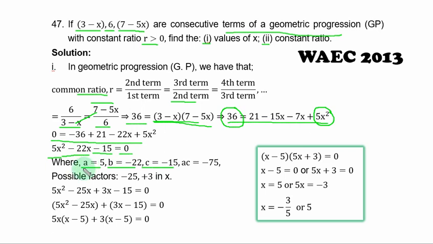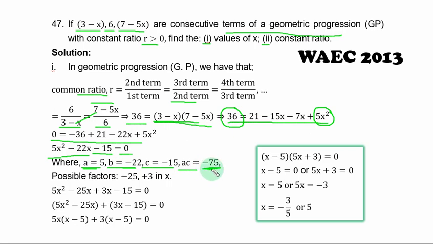Whenever a is not equal to 1, you have to get ac. That is 5 times minus 15. You have minus 75. To continue, you look for two factors of 75 whose sum is minus 22 and whose product is minus 75.